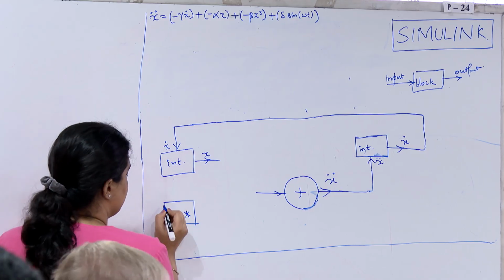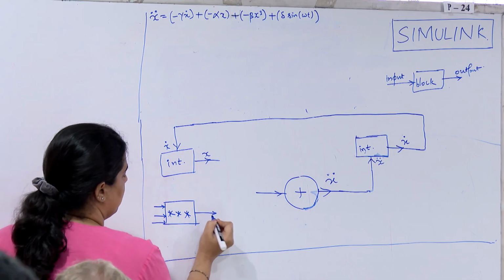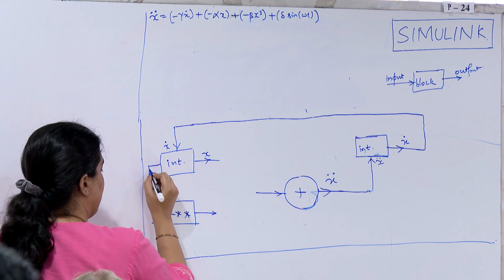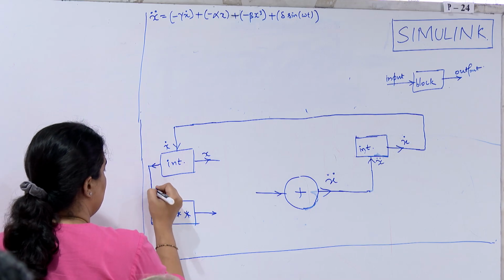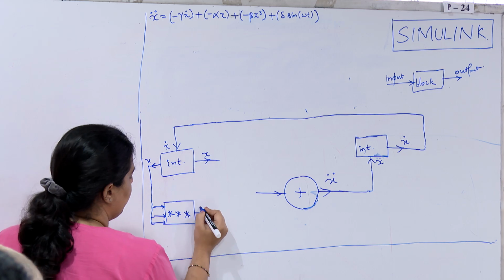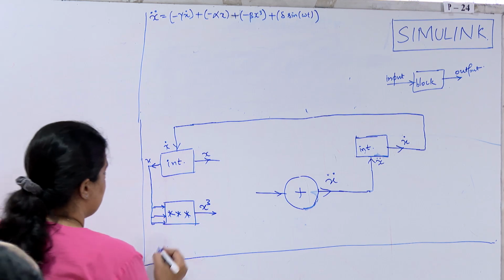So it has 3 inputs. You can give 3 inputs and it will give you 1 output. All three times I am giving x. What output will it give me? X cube. So this is a product block basically.